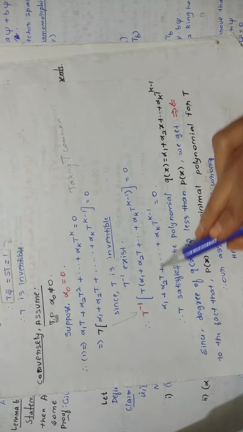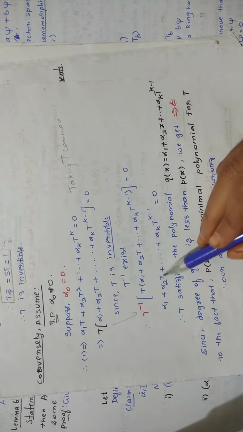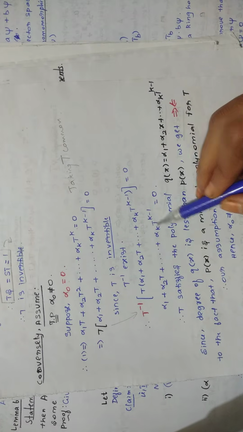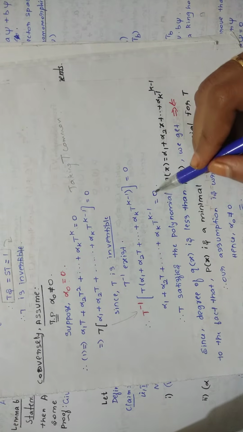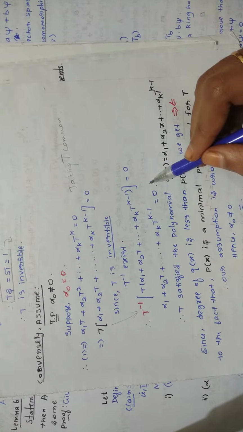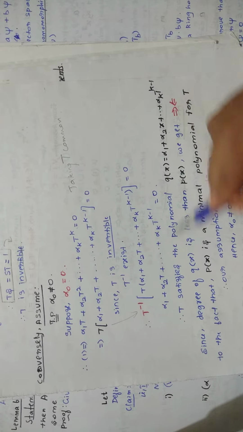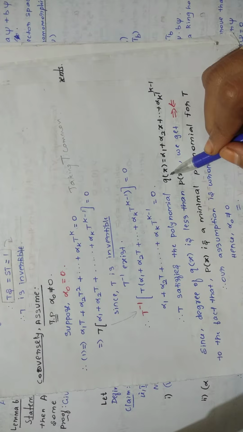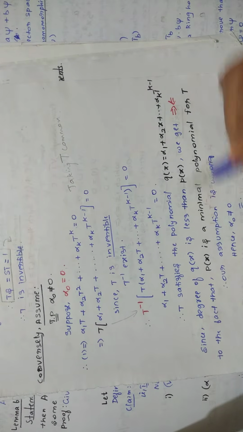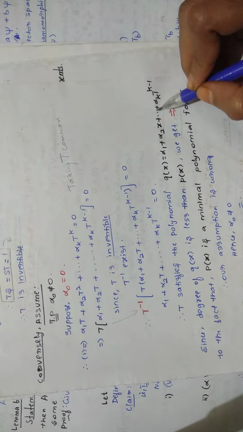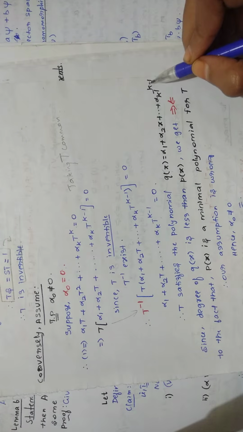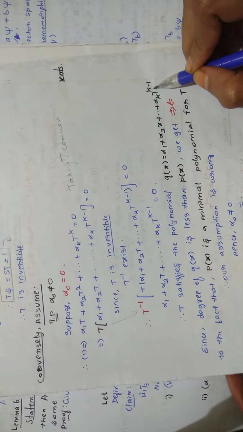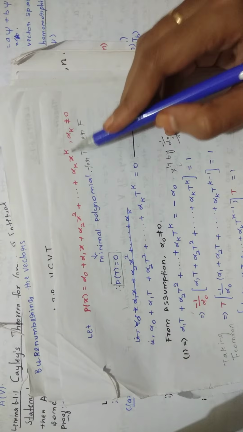Because here you are writing this polynomial with the t, and you are getting equal to 0. So from this you can say t is satisfying this polynomial, the name of which is q of x. Look at this polynomial: the degree of q of x is k minus 1. It means it is less than the degree of the polynomial p of x.